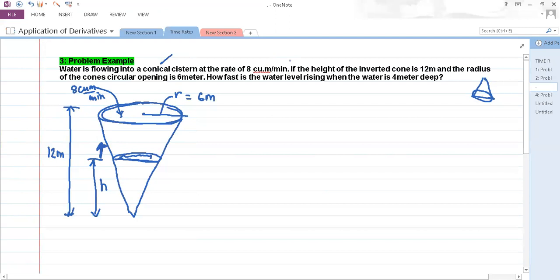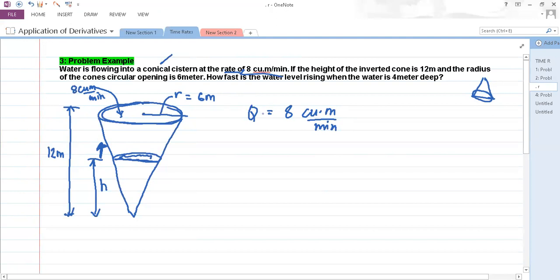If we have this condition given in the problem, so for the problem, we have here a given rate. Rate Q, the flow rate is equal to 8 cubic meter per minute.